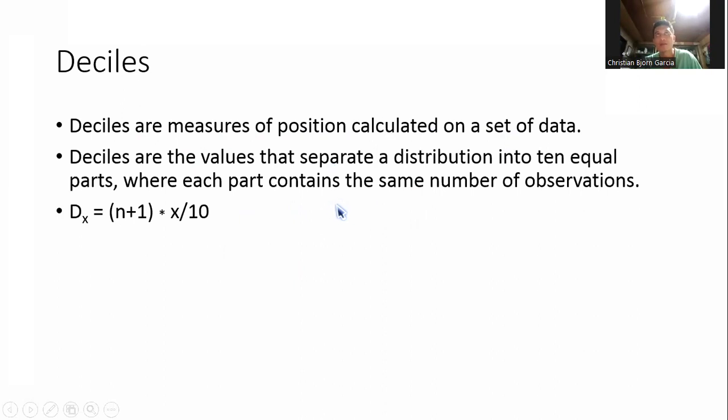The formula for deciles is d sub x, wherein d sub x is equal to (n plus 1) multiplied by x over 10, wherein n is the total number of values and x is the decile that is being asked.